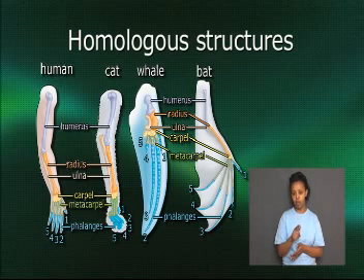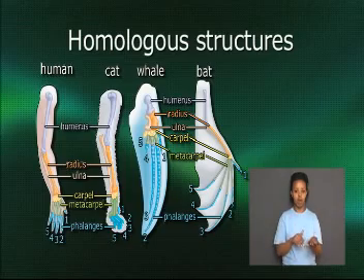We call these structures homologous structures. One easy structure to spot within mammals is the forelimb. Look at the following image. All of the forelimbs in this image are of different mammals.